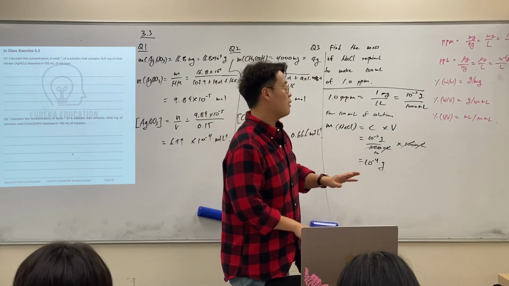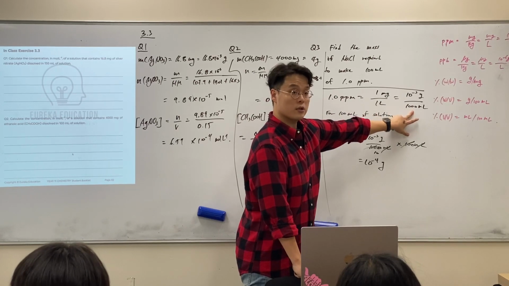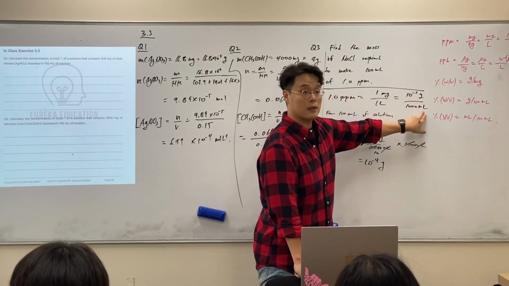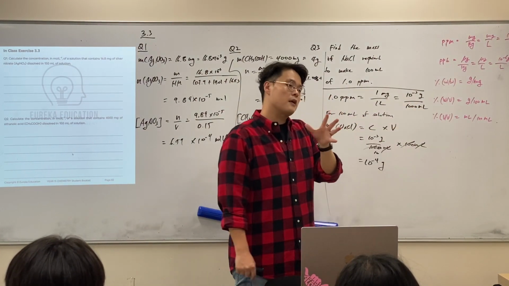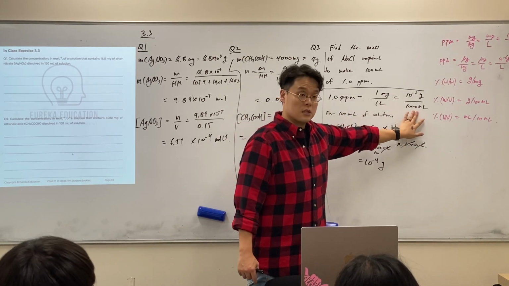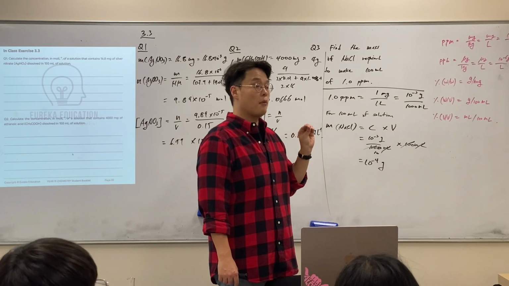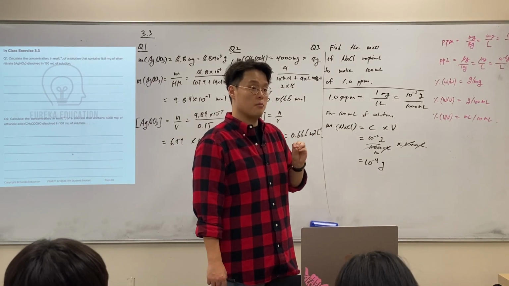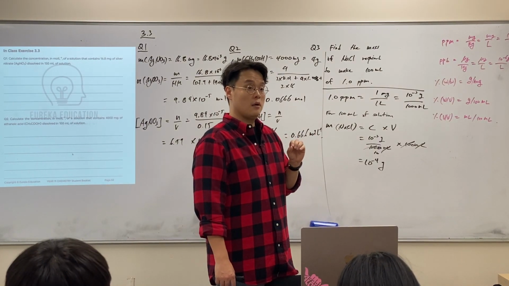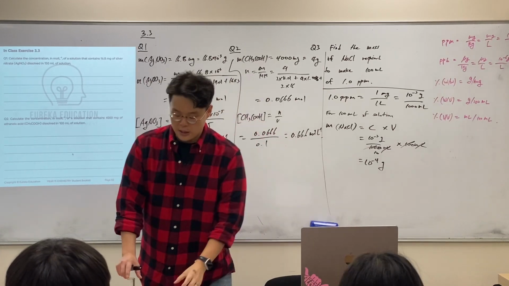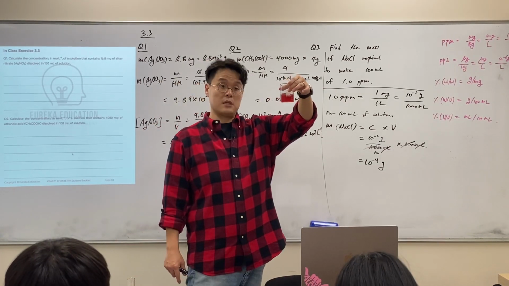What I'm trying to say here is that the concentration unit is gram per milliliter. So simply think this way: if the concentration is this, and I'm taking 100 mL out of that, how much solute will there be inside the 100 mL? It's the same question as, I have this 100 mL of solution, okay?